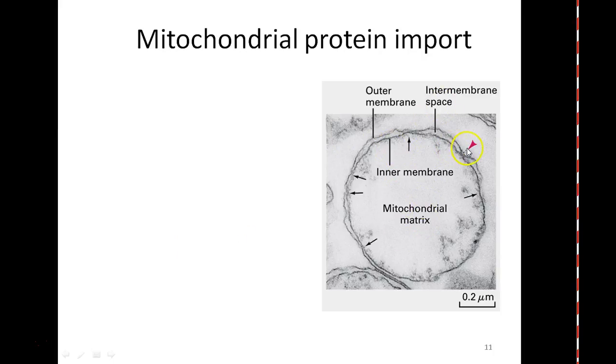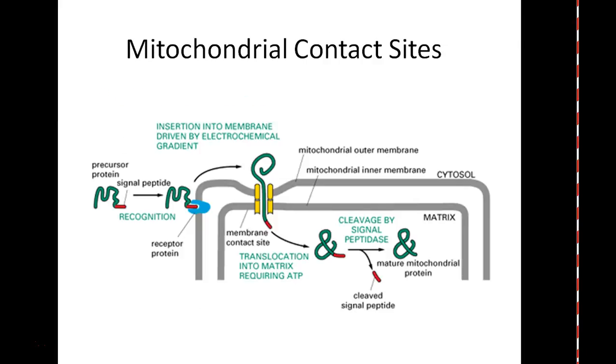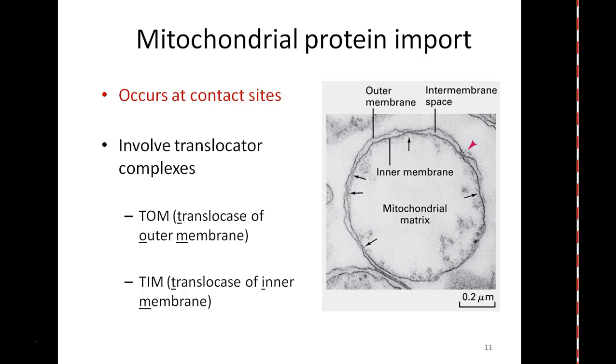So we have several contact points throughout the surface of the single organelle, and those are the points of active protein import. So yes, import takes place at special locations on the surface of mitochondria.